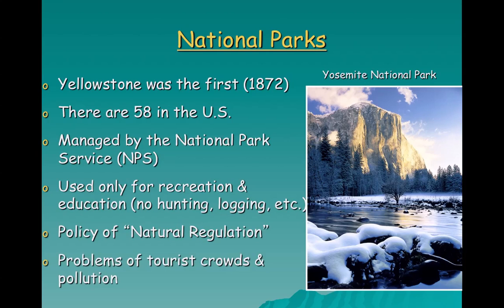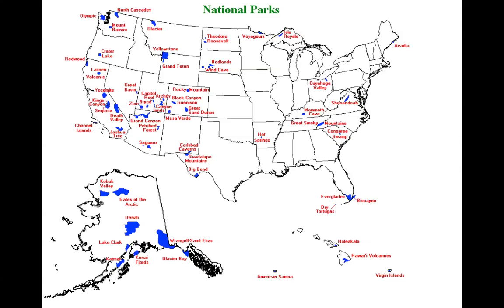And there are becoming more and more problems with tourist crowds and pollution, as you probably would imagine, because the national parks are such pretty areas, and a lot of people want to see them. So, being able to manage the crowds is definitely something that the people who work at these places are constantly striving to improve upon. All right, so you can see all the national parks in the country. Kind of cool.